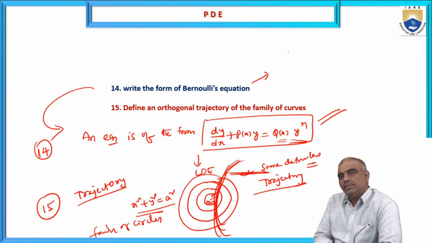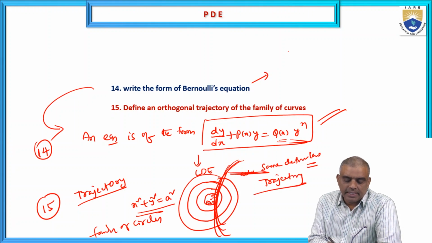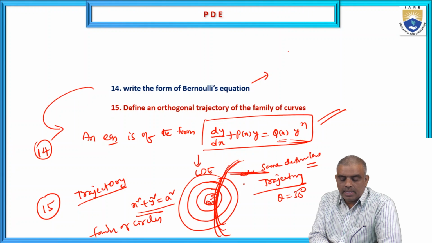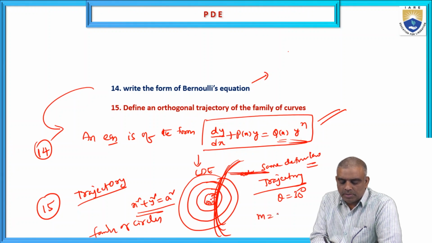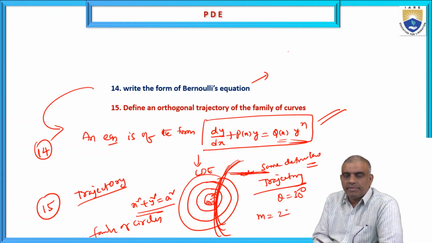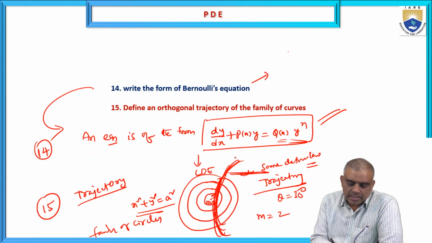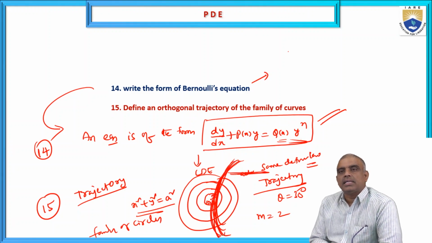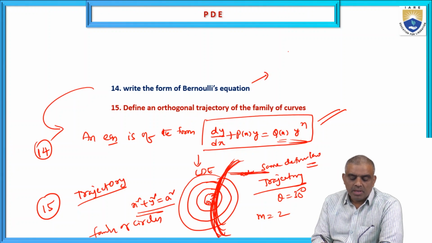Trajectory. It may be some property. It is cutting the equation with angle theta equal to 30 degrees, or it has slope m equal to some 2, whatever it is. So if it is proceeding with some definite law, then it is called the trajectory of the given family. Then what is orthogonal trajectory?